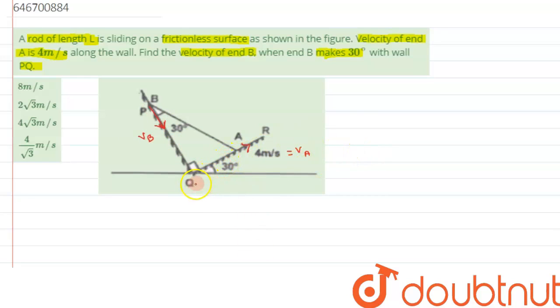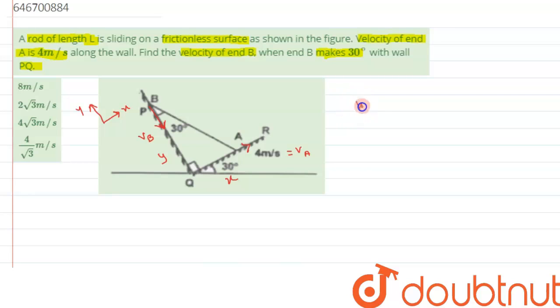Let's suppose we are considering the distance of point A from Q as x, and the distance of B from point Q, let's suppose, to be y. We are considering this axis as x, and this as y. So from here we can see clearly, as point A moves along the x-axis, the distance x starts increasing.